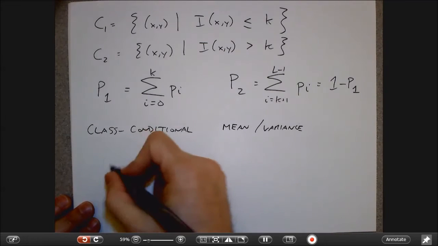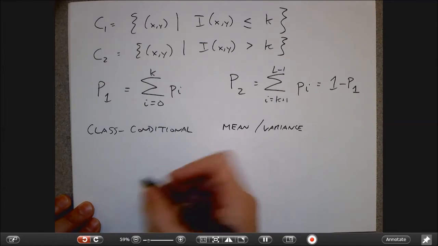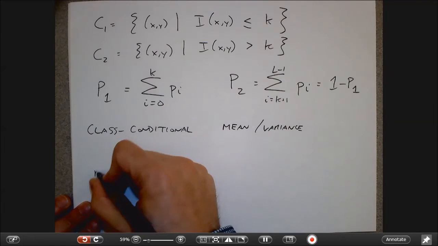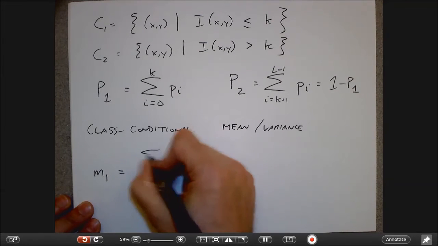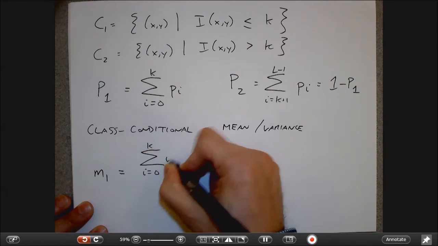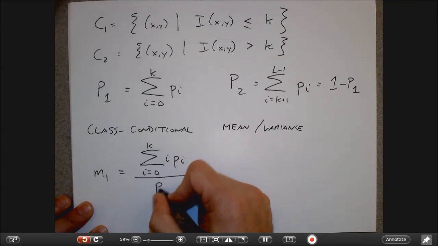So basically I can say that, actually I don't think I need the variances. I guess I just need the means. Well, I guess I can say them both. So this guy, the mean in class 1, is just the conditional mean over the probability of being in class 1.